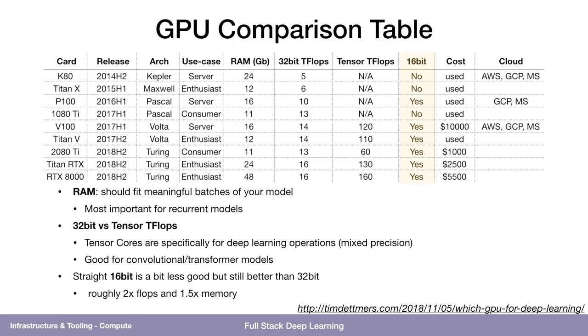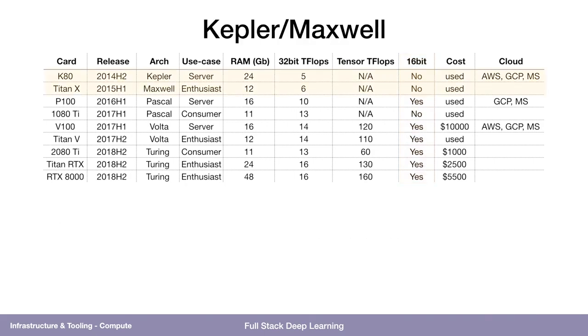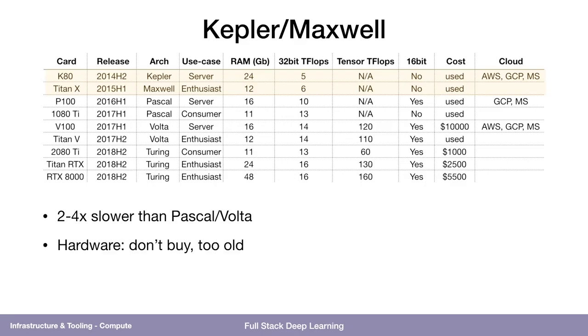The reason for that is because you get roughly twice the flops and 1.5 times the memory. So looking at the oldest architectures, you have the K80, which is actually what you guys have in lab, and the Titan X. And these guys are like 2 to 4 times slower than the current architectures, so we should really not use them.